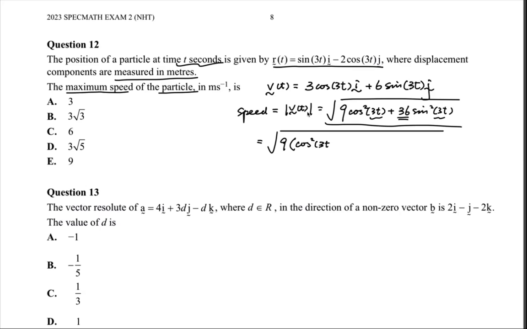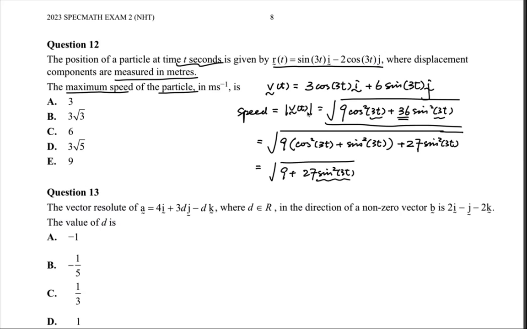So the inner part can be written as 9 cosine squared plus 9 sine squared. What's left is 27 sine squared 3t, under the square root. So all in all, you should have 9 plus 27 sine squared 3t.